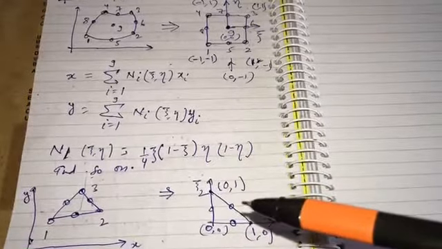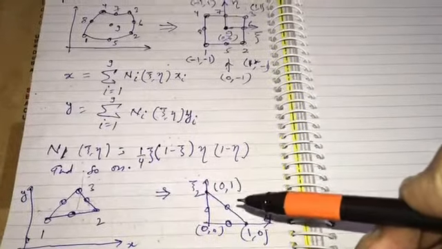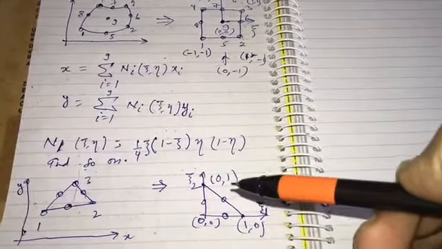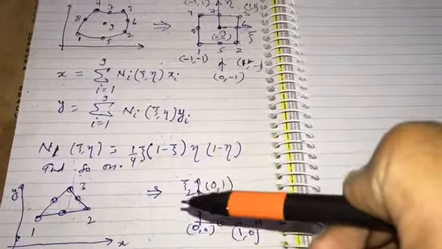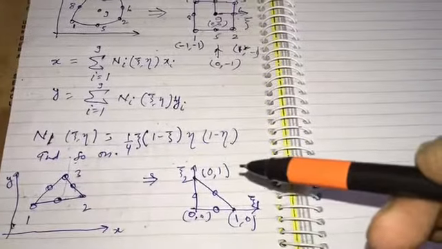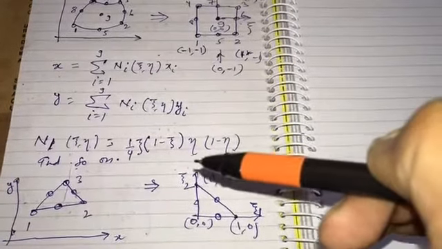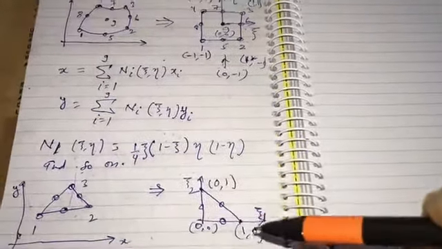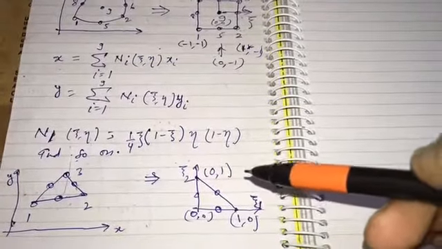When we studied the triangular element, we did not do numerical integration. We just did the integration using equations, the usual integration, what I mean, but we did not perform the numerical integration.